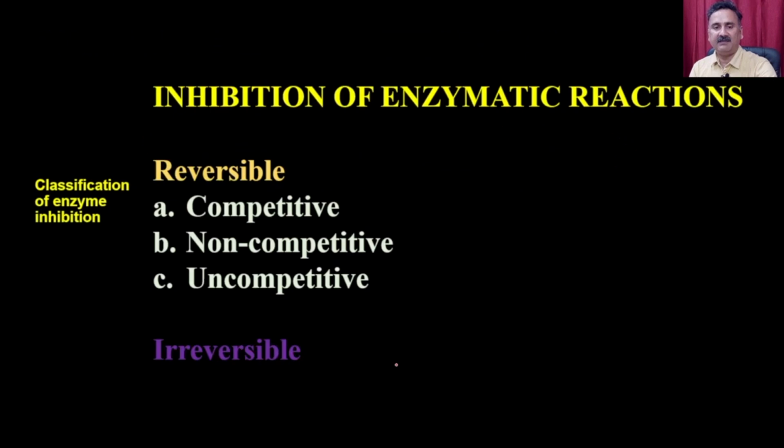So far we have discussed the irreversible inhibitions, and we have also discussed the suicidal inhibitions. When you develop an inhibitor, it could be reversible in nature or irreversible in nature, and within the irreversible nature you can have suicidal inhibitors, or mechanism based inhibitors, or non-mechanism based inhibitors.